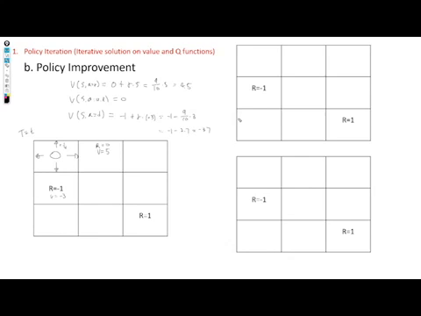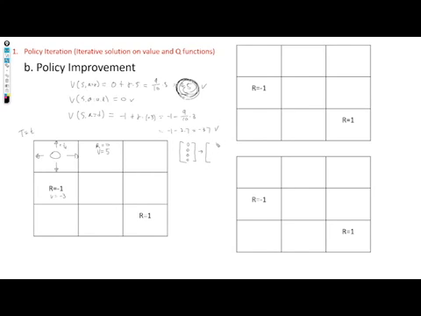So we will look at all these expected values, and this is actually a Q function for each direction, and we choose the highest one. In this case, this one's value is the maximum, so we initialize the probability as 0, and we choose only the maximum as 1.